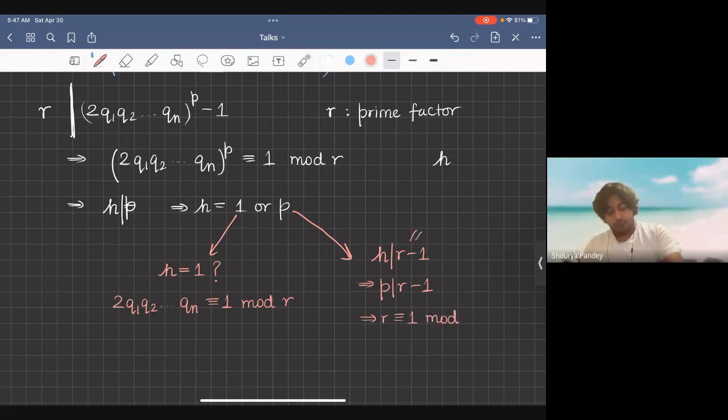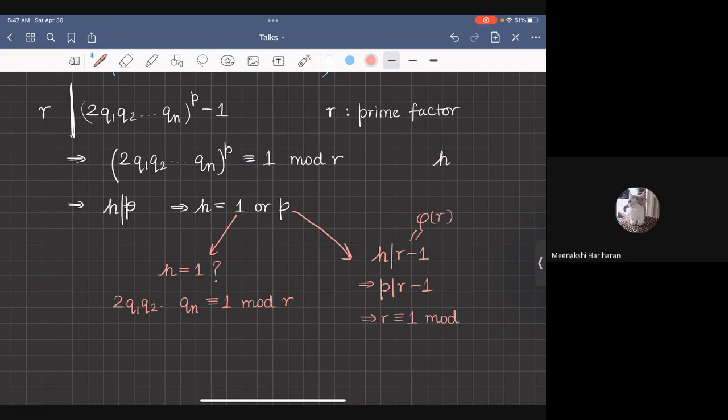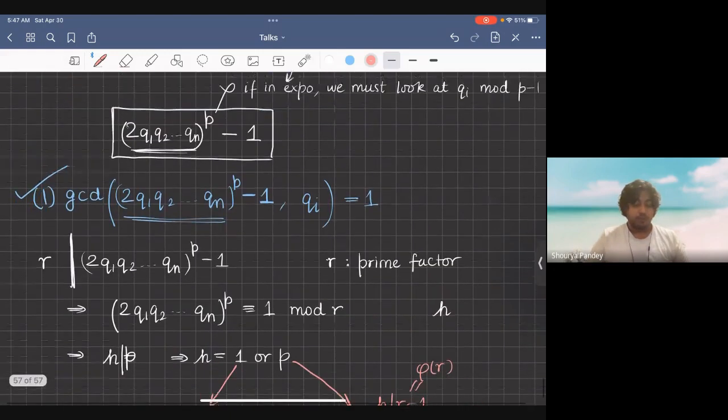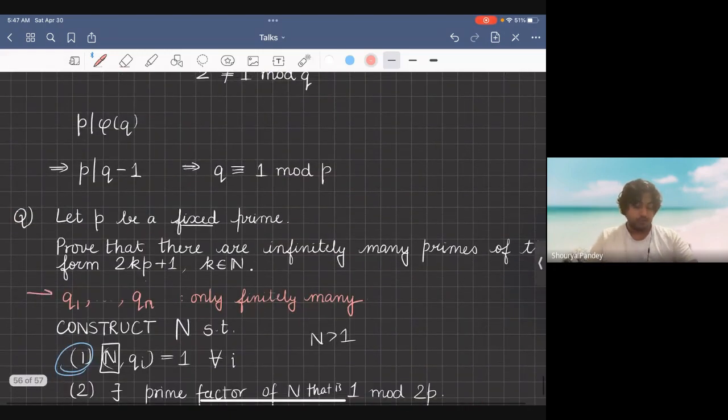Because that's phi of r, right? Yeah, I know that the order divides phi of the modulus. And so h divides phi of r, and so r is 1 mod p, but that also means r is 1 mod 2p because r is odd, which is a contradiction. This is a contradiction because r is different from each of the qi's, but it's also 1 mod 2p. But we already said that the list of 1 mod 2p primes is this.